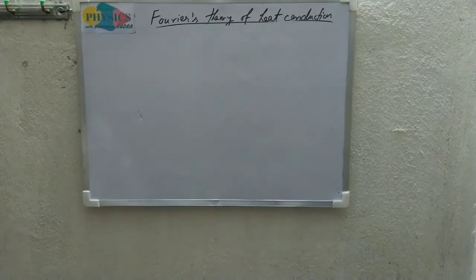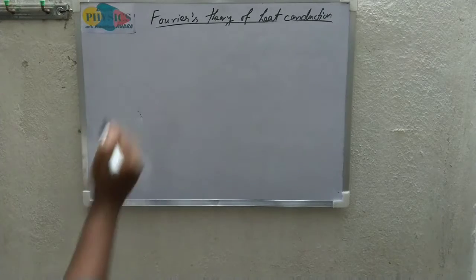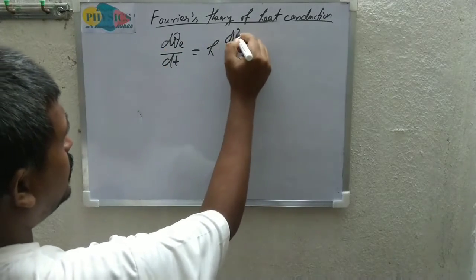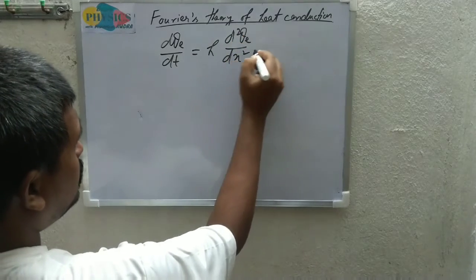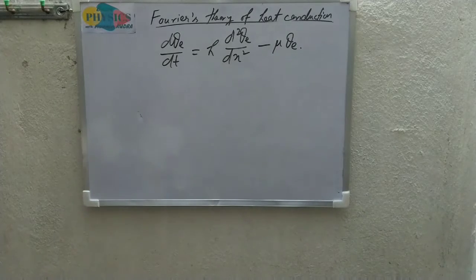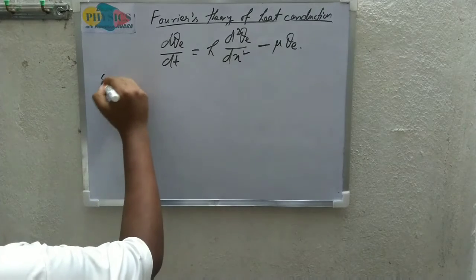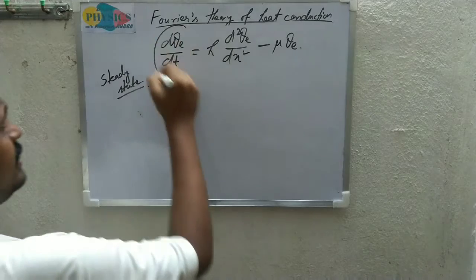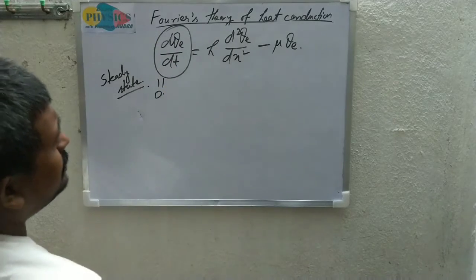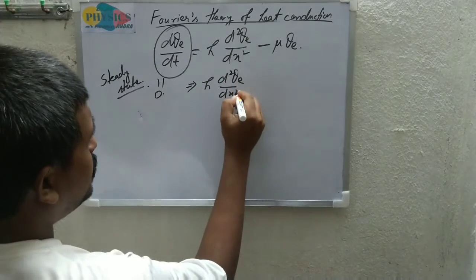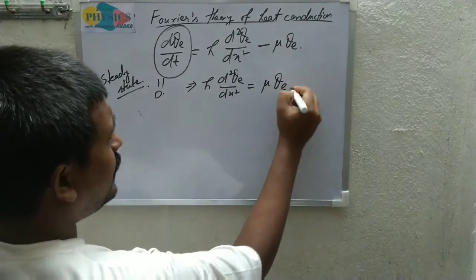So our equation is d theta e by dt equal to h into d2 theta e by dx2 minus mu into theta e. If steady state happens, then the left-hand term equals 0, and we can write h d2 theta e by dx2 equal to mu theta e.